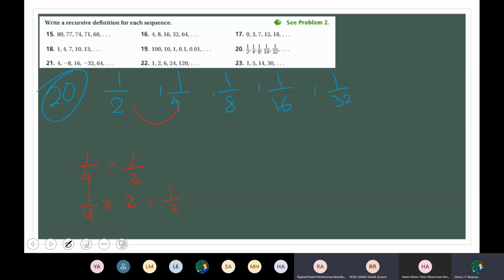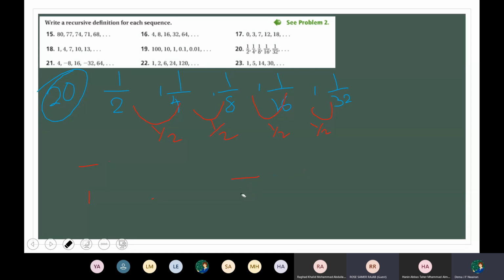So the ratio here is 1 over 2. Now here, 1 over 8 divided by 1 over 4, which means that I multiply with its reciprocal. So it is 1 over 2. And here also it is 1 over 2. They are all multiplied by 1 over 2.